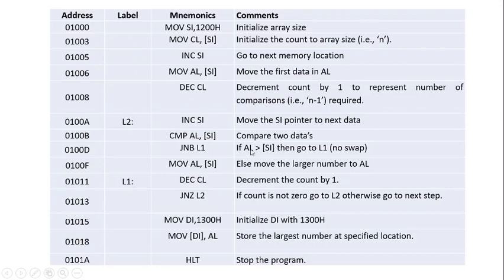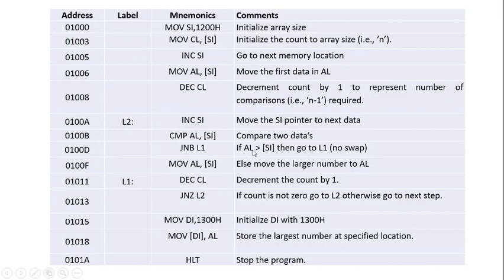If AL content is greater than the content at SI, that means AL contains the larger value. This instruction will check the borrow; we are not having any borrow, so AL content is greater than the next byte, and we will directly go to this instruction.